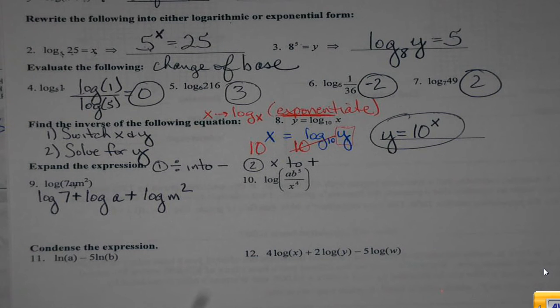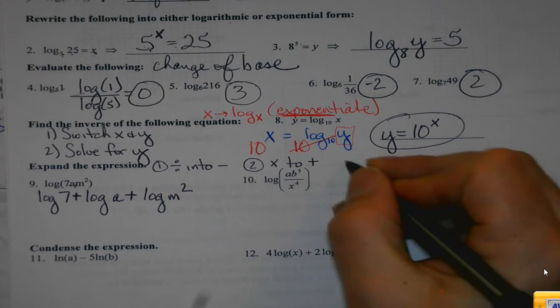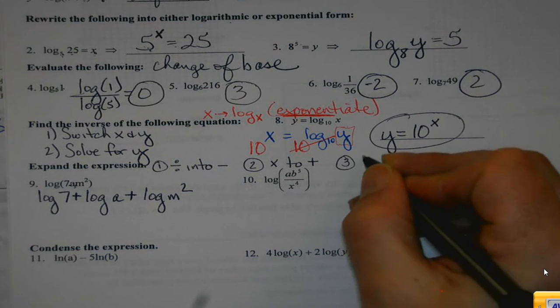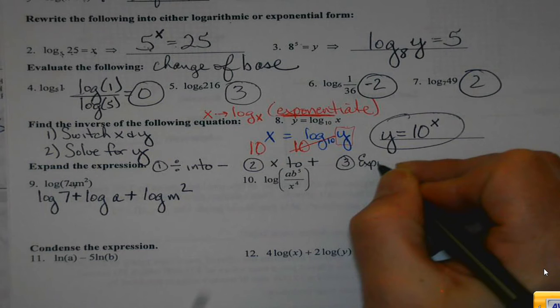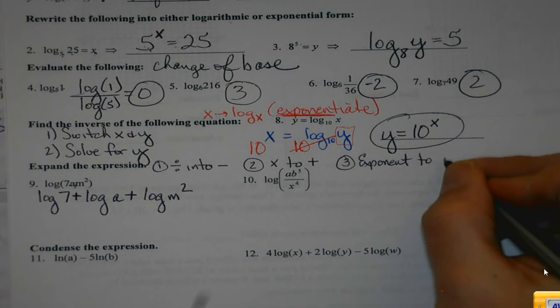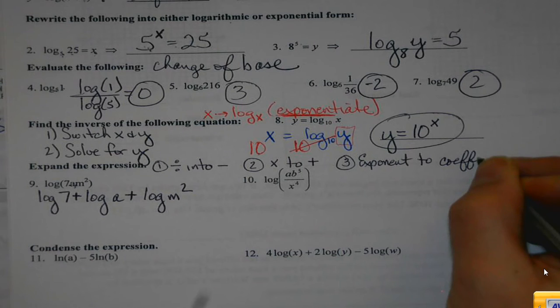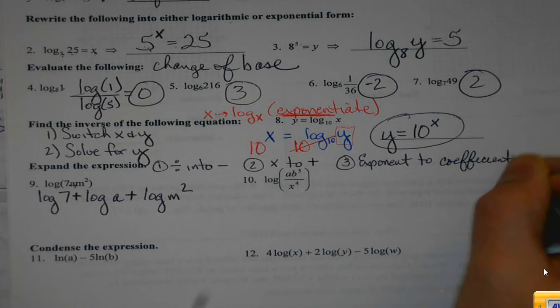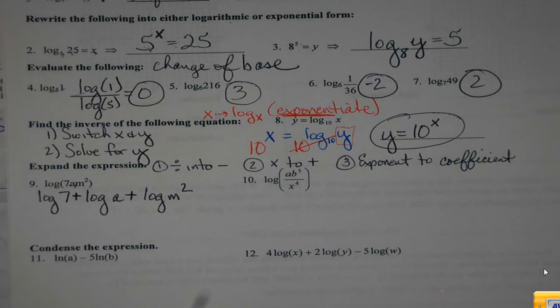So every multiplication dot becomes a plus sign. And then my final thing to look for, if I have them, is to turn my exponent into a coefficient.